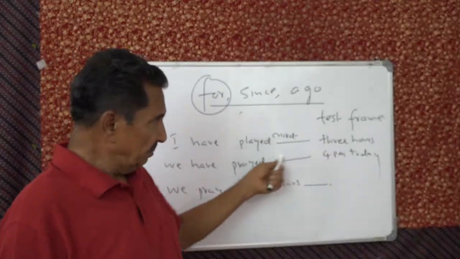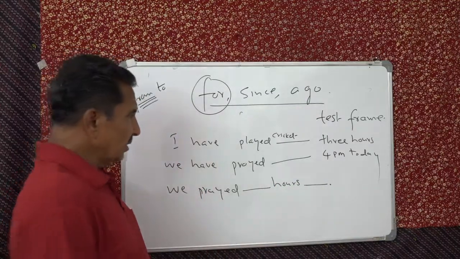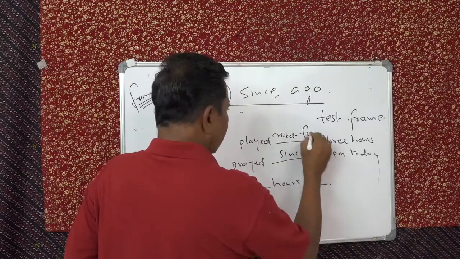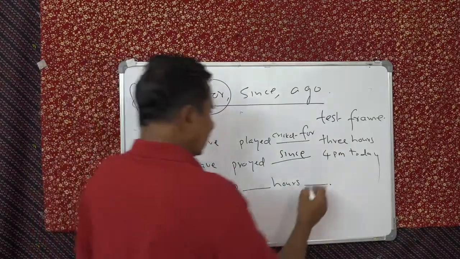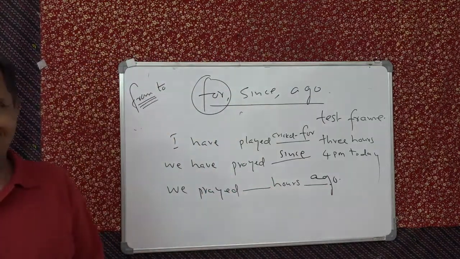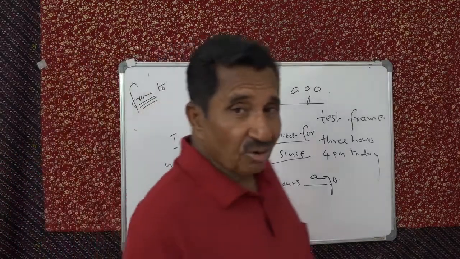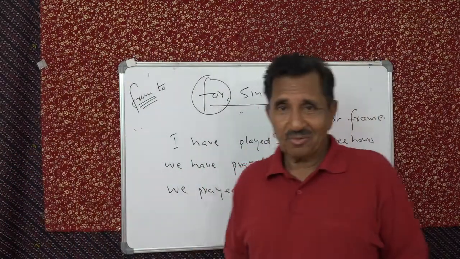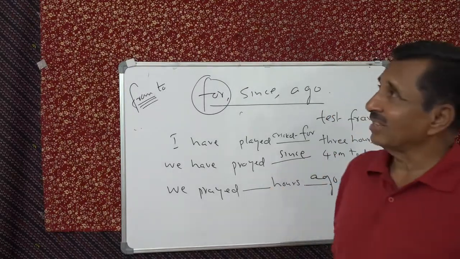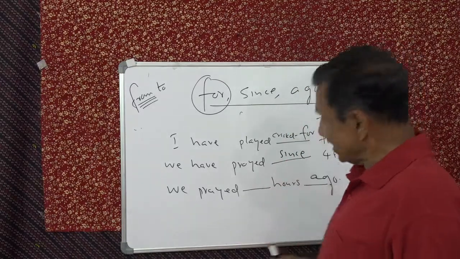If there is a definite time, since. If there is no definite time, for. Here, past tense and therefore ago. Listen, this is a clue. Sometimes they say, give us a clue. So this is the clue. If no definite time is given, it is for. If a definite time is given, it is since.